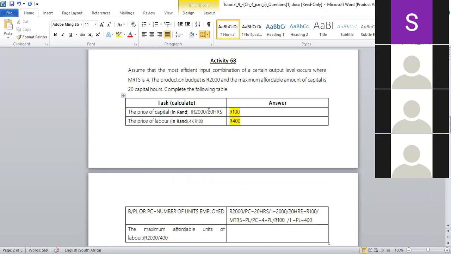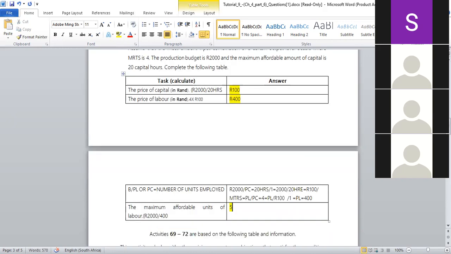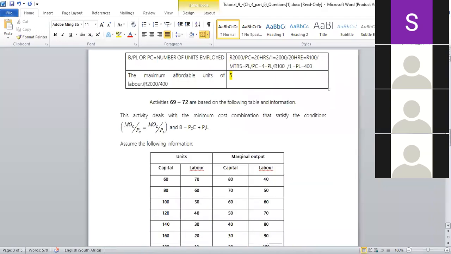It's 100 rand. So it gives us 20 affordable hours. Here you say budget of 2000 divided by the price of labor, which gives you 20. So it's all about the application of the formulas. Then I think we are done.